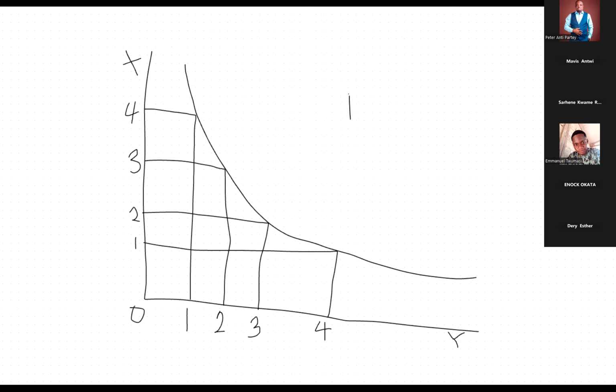diminishing marginal rate of substitution, what we are saying is this. Now, the individual is consuming 4 units of X and then 1 unit of Y. If the individual wants to consume more units of Y, that individual will need to reduce his consumption of X. So if he wants to consume 2 units of Y by moving from 1 to 2 here, the individual can only do that by reducing his consumption of X from 4 to 3.